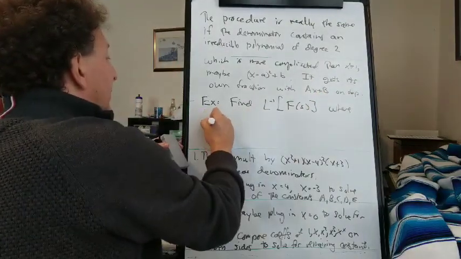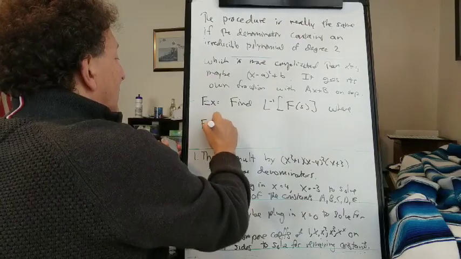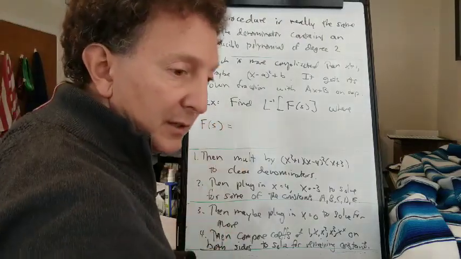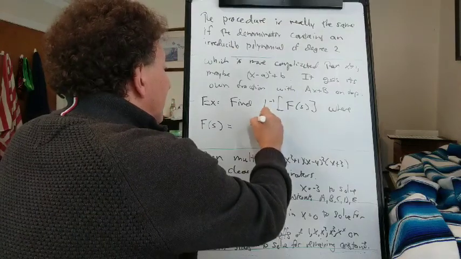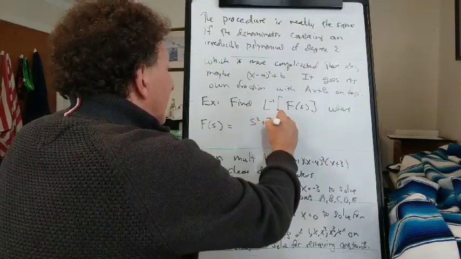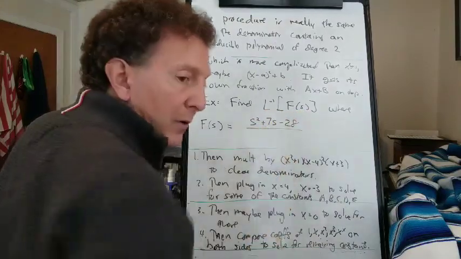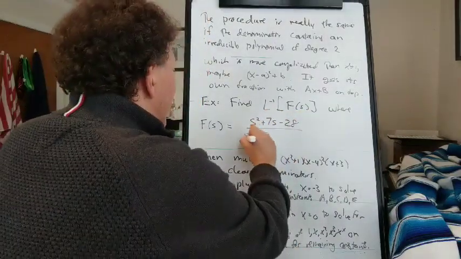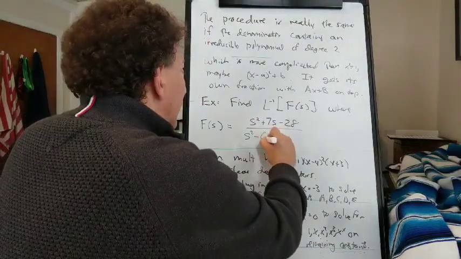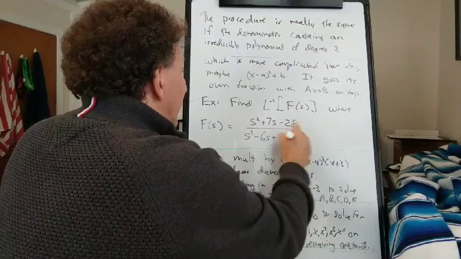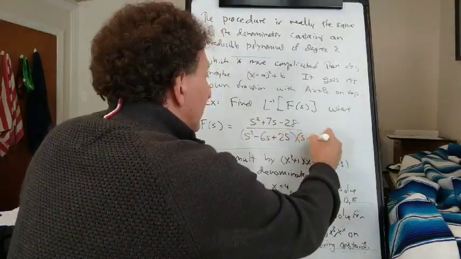And then I'll write capital F of s is, let's say it turns out to be s squared plus 7s minus 28 over s squared minus 6s plus 25 times s minus 1.